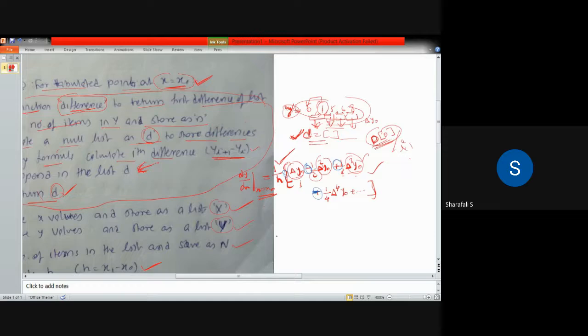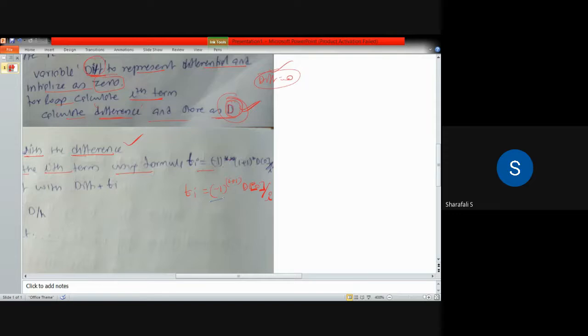To get that kind of variation in the sign, we have added this minus 1 raised to I plus 1. So when I equal to 0, it will become plus 1. When I equal to 1, this will become squared, and in that case, this will become positive.